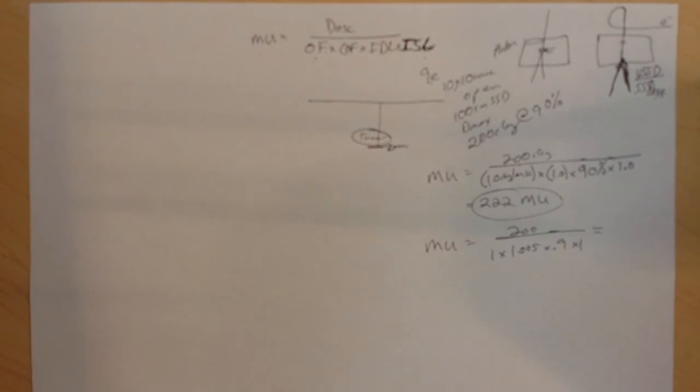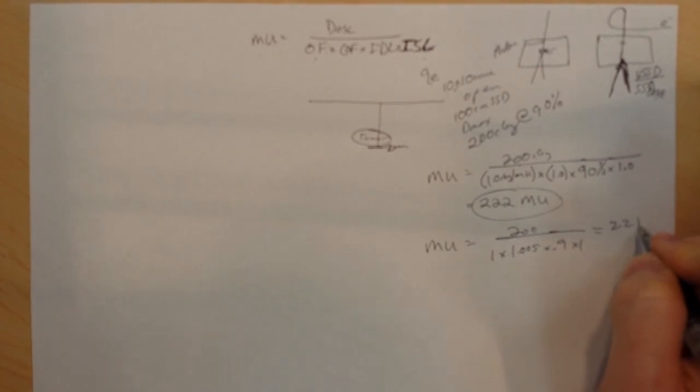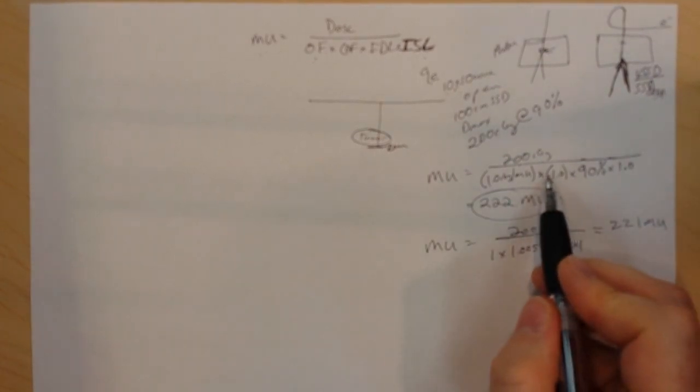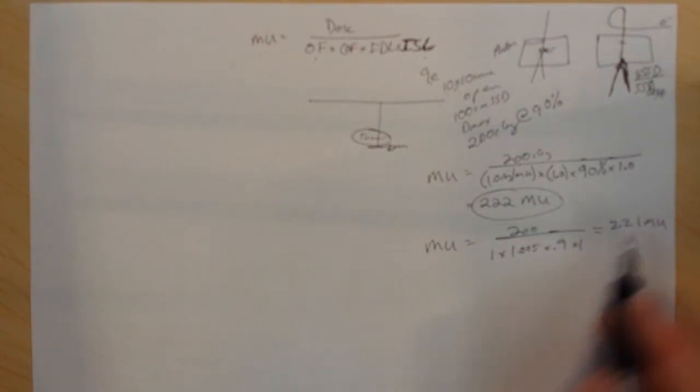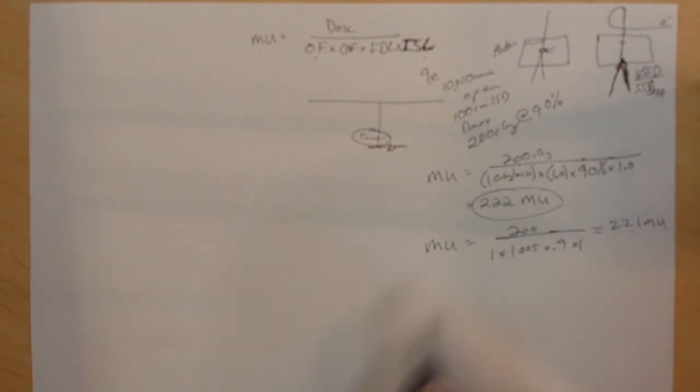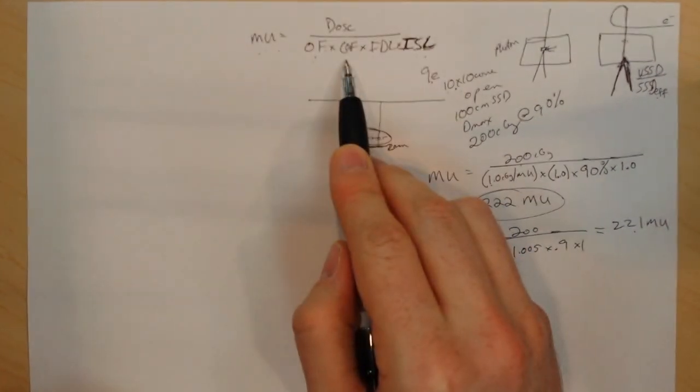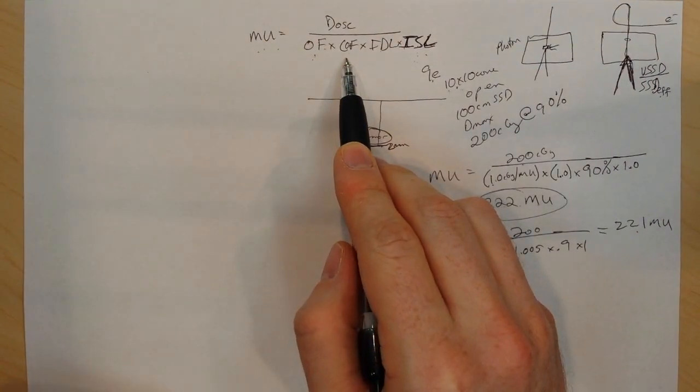So if I take 222 divided by 1.005, I get 221. So even though I put a cutout factor in here of 1.005, I still get 221, which is about 0.5% different from 222.